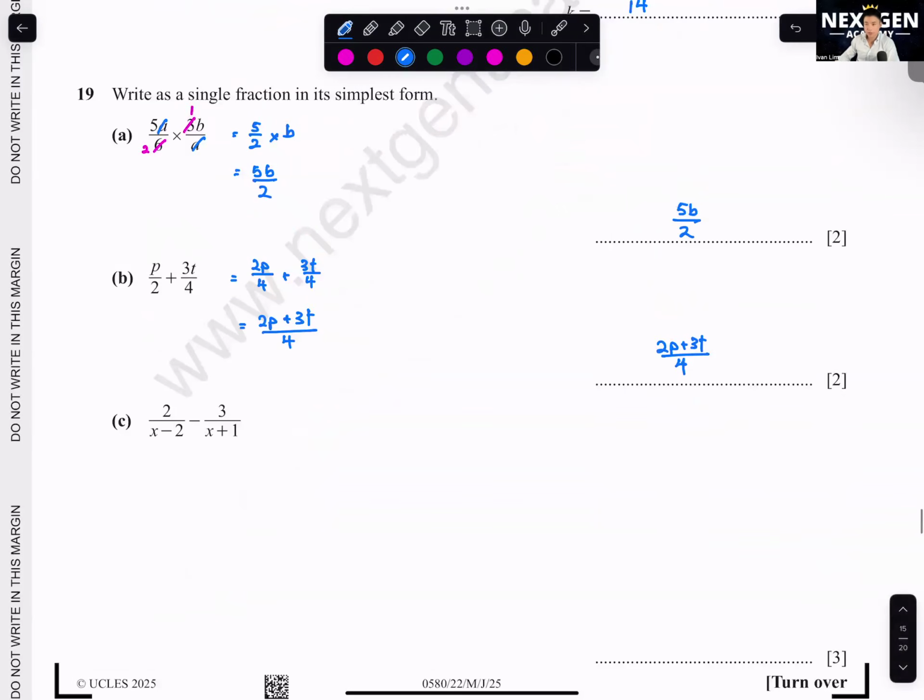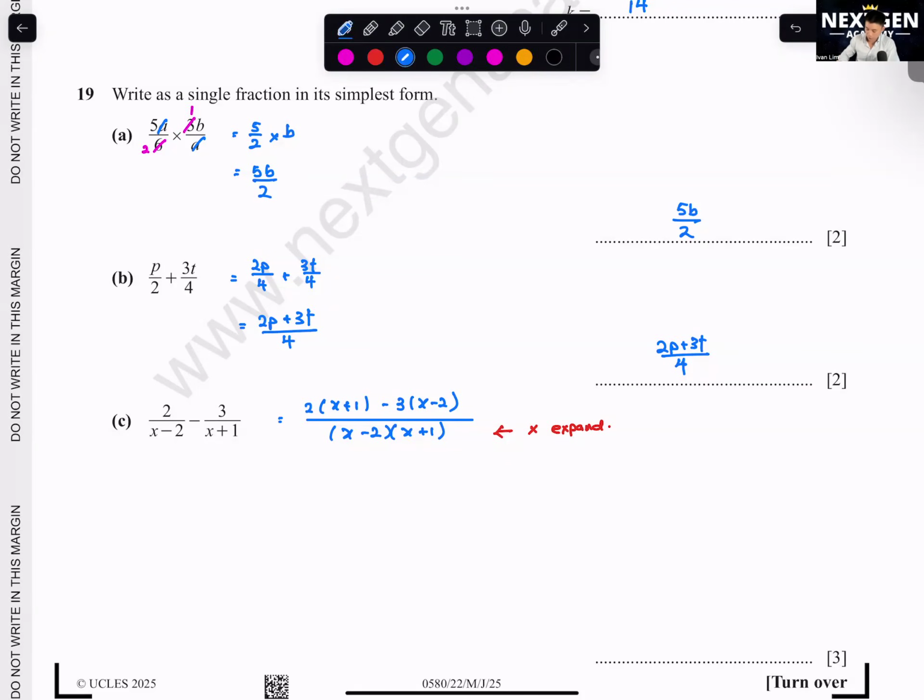Okay, last one. Write as a single fraction. We multiply by each other's denominator. So this will become 2 times x plus 1, minus 3 times x minus 2, over x minus 2 times x plus 1. Tip for your bottom one: don't expand. A factorized form is already a simplified form, brackets times brackets.